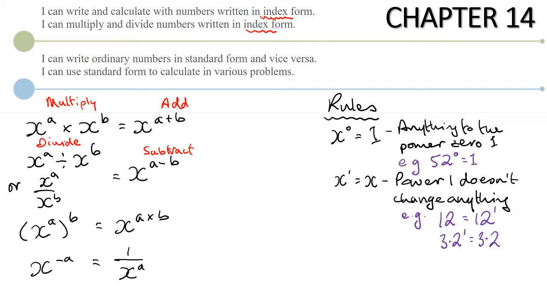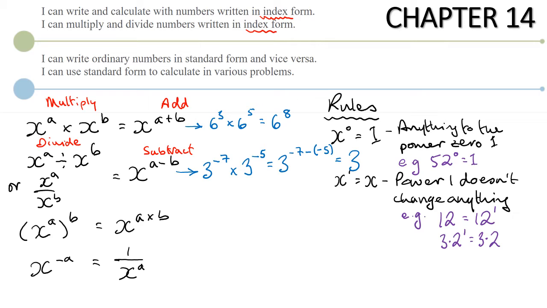First one here, if I had 6 cubed times 6 to the power 5, that becomes 6 to the power 8, because you just do 3 plus 5. Here, if I had 3 to the power negative 7 divided by 3 to the power negative 5, then I subtract negative 5, negative 7 minus negative 5.